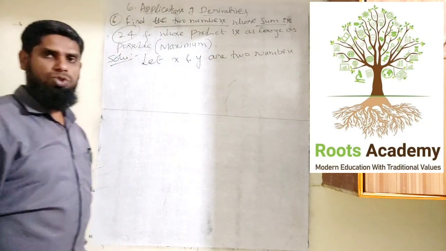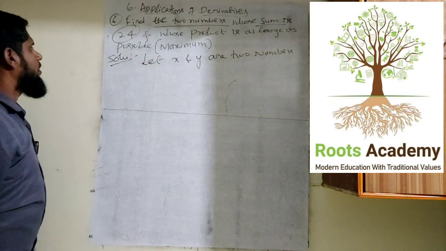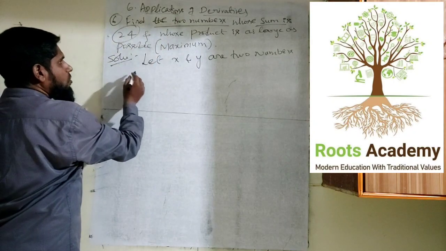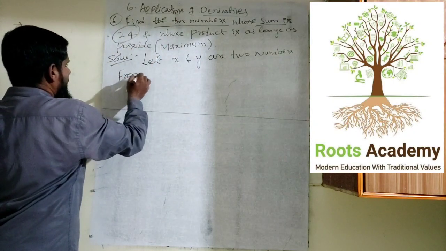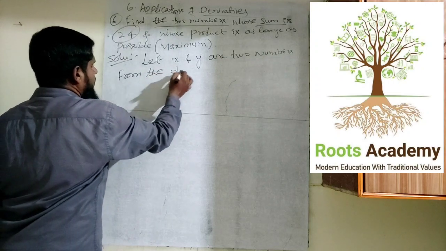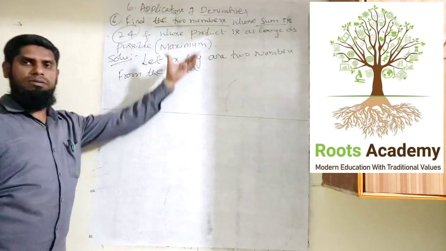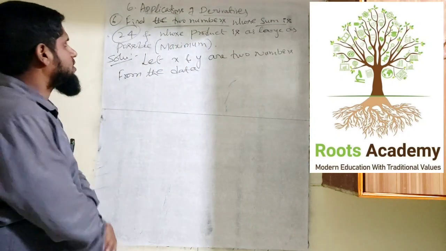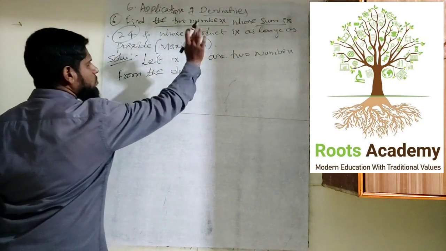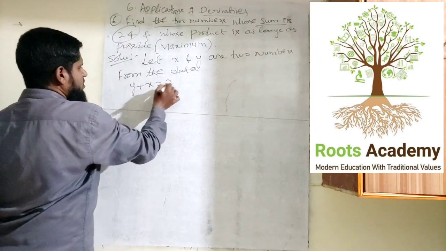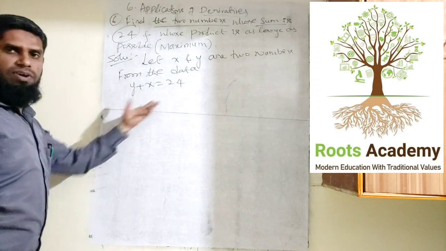Then let us follow the given data. What is given here? The sum of these two is 24, he said. So y plus x is equal to 24, or x plus y is 24.